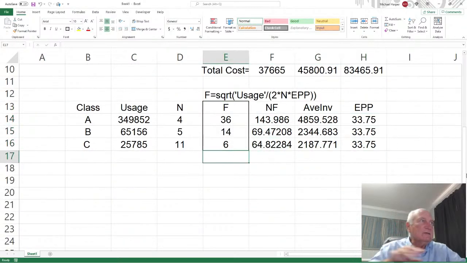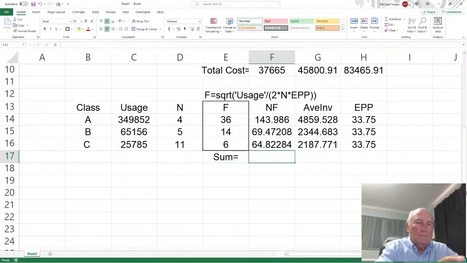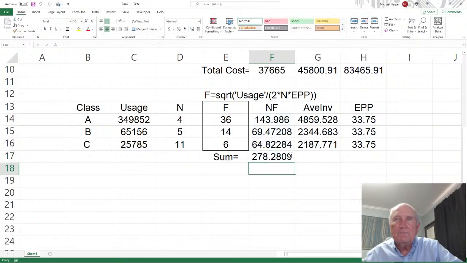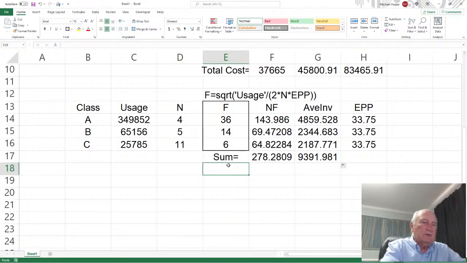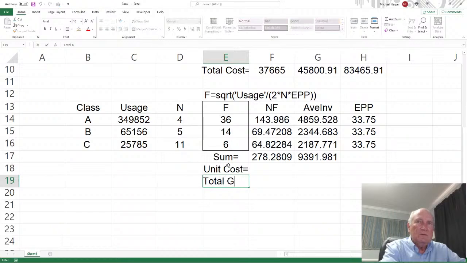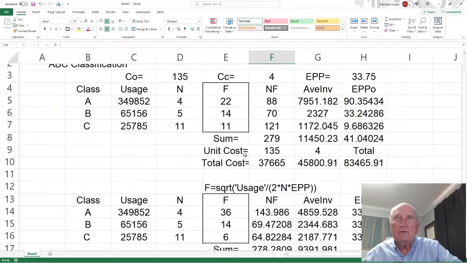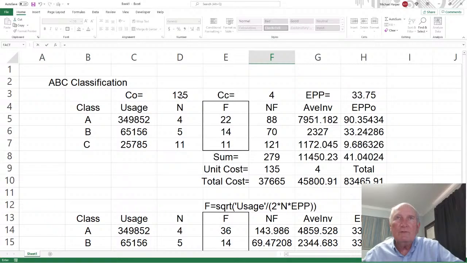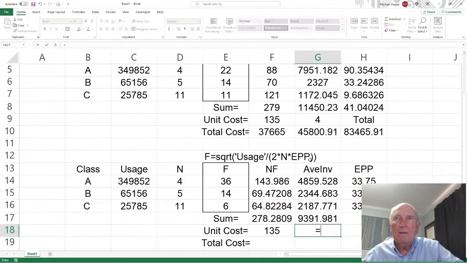Okay, so now let's sum this. Sum the frequencies, copy this over, and sum the average inventory, the unit costs here, and the total cost. Okay, the unit cost is 135, 4.